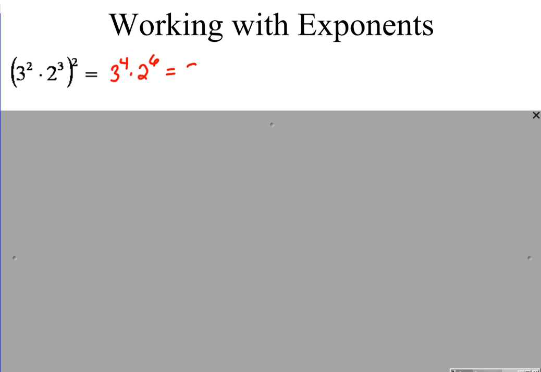We get 81 times 2 to the 6th is 64. And 81 times 64.